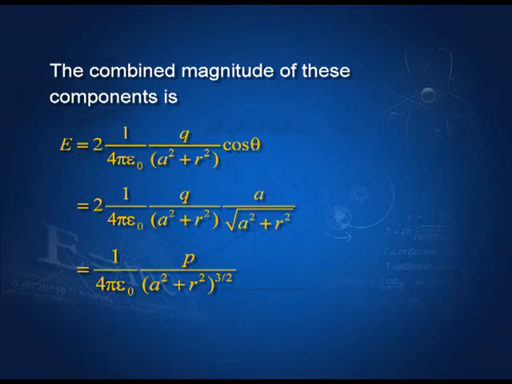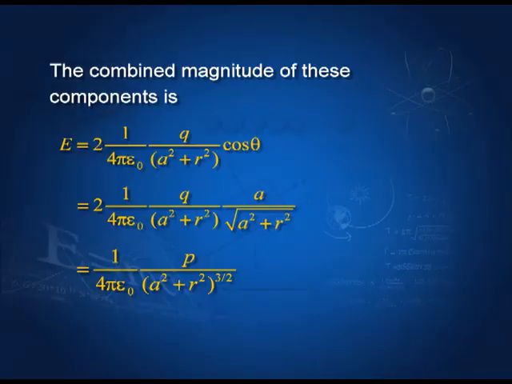Therefore, E is 2 into 1 by 2 pi epsilon 0 q by the square root of a squared plus r squared, the square of that. So it is a squared plus r squared into cosine theta, and cosine theta we can write in terms of a by the square root of a squared plus r squared.